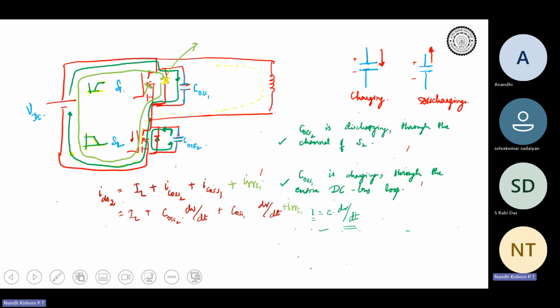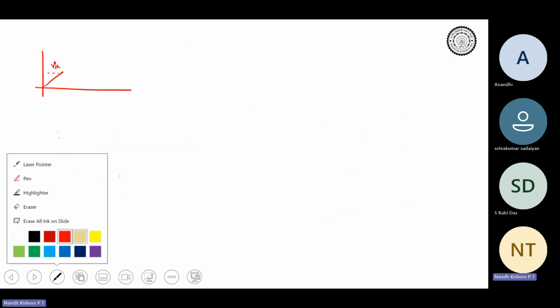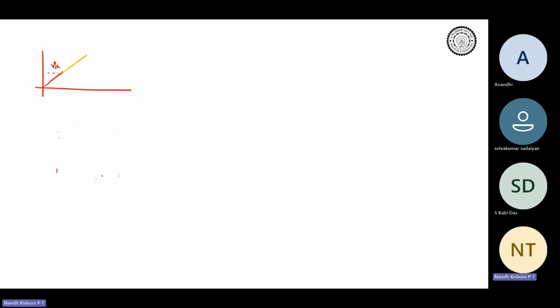So now what's happening? Your VGS was increasing. It hit V threshold, right? And beyond that as well, it continues to increase. Okay. Now we are in the saturation region.